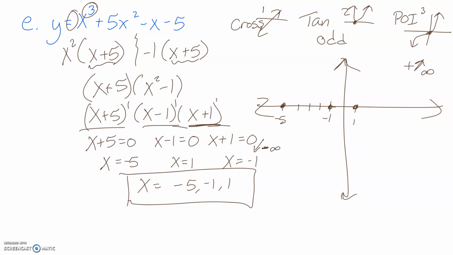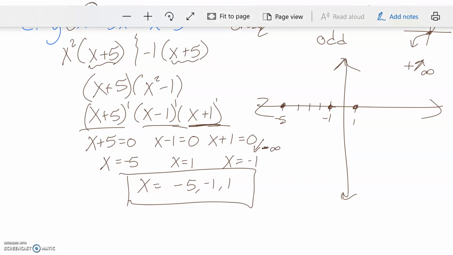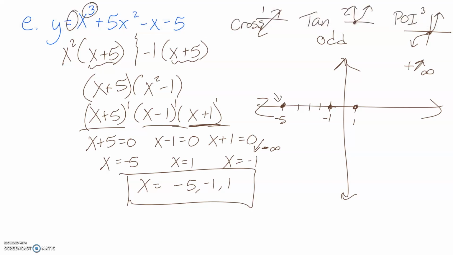I also know that at each of these three points it's going to be a cross. So we're going to start off at -infinity, cross, come up, go down, cross, cross, and then end in infinity.